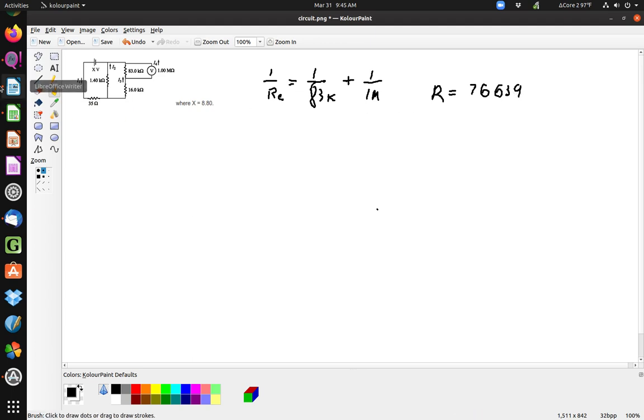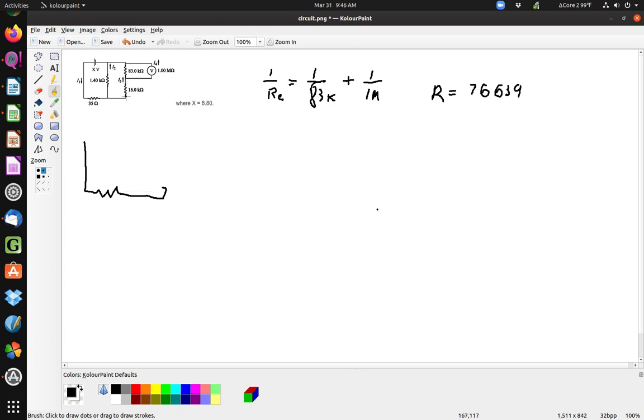Okay, so now we can redraw our diagram. This time, we're going to replace those two resistors with the equivalent resistance. Oh, one thing I forgot here.